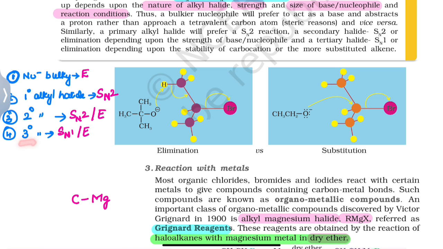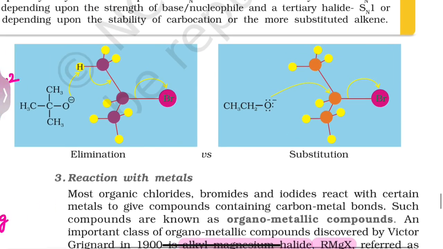If it is tertiary alkyl halide, it can be SN1 reaction or it can be elimination reaction. So it depends upon the stability of carbocation or the stability of alkene which is formed. So depending on that, you have to choose whether it undergoes elimination reaction or nucleophilic substitution reaction.